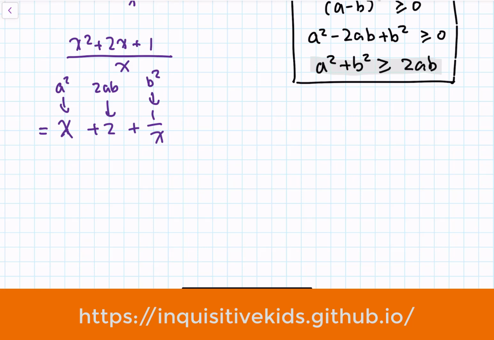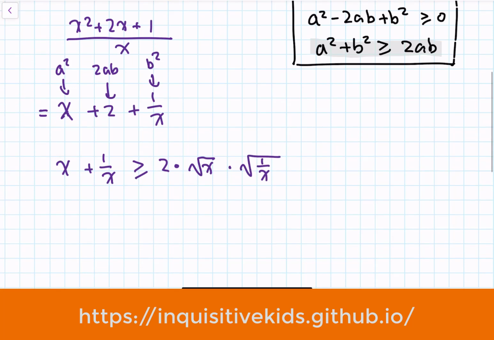So in this case, a squared is x plus b squared, 1 over x, is greater or equal to 2 times a, which is square root of x, times b, which is square root of 1 over x. Now that we have this, we can continue to simplify. x plus 1 over x is greater or equal to 2 times x over x.